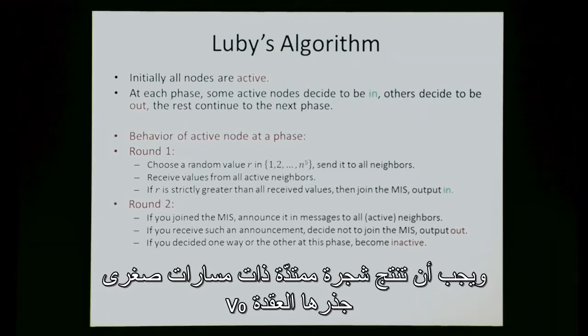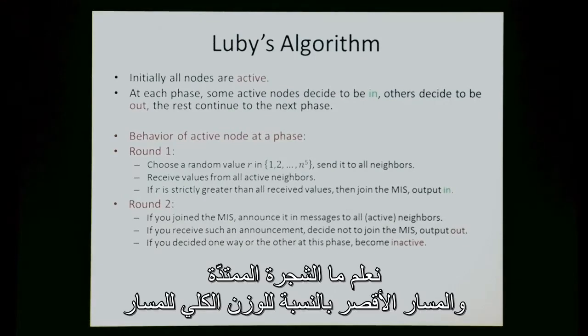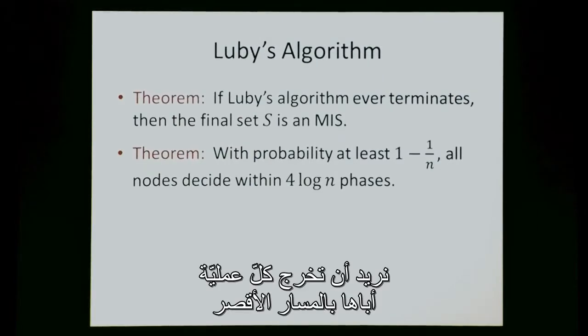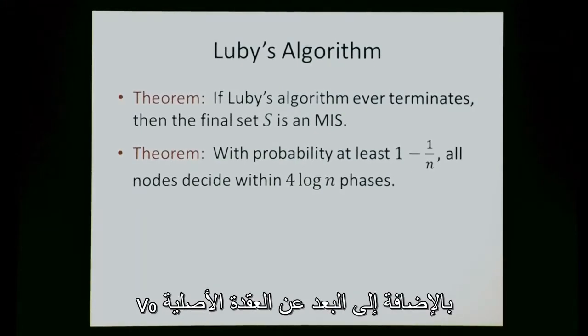And they have to produce a shortest path spanning tree rooted at vertex v0. You know what a spanning tree is, and the shortest paths are in terms of the total weight of the path. So now we want each process to output its parent in the shortest path, and also the distance from the original vertex v0.